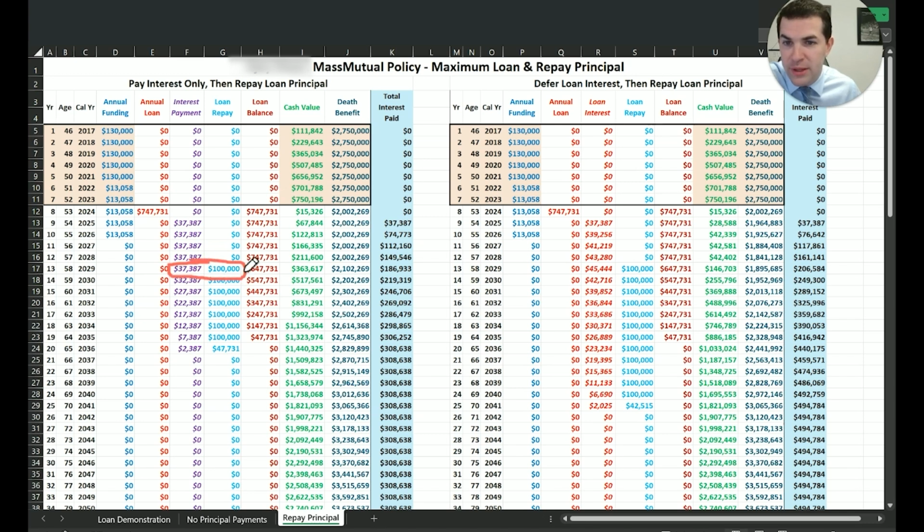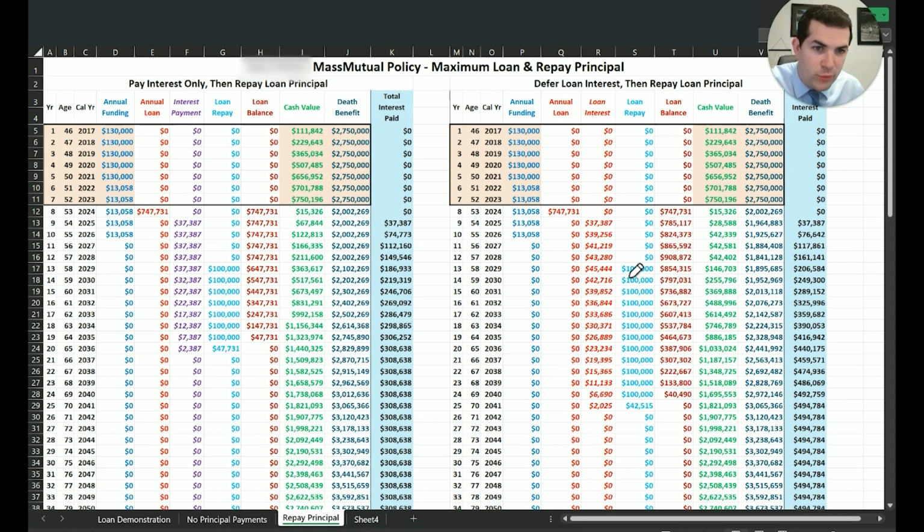So your out of pocket would be 137 and change, whereas over here, it's just 100. So you're not paying the loan interest each year when it comes billed. What you're doing is applying it toward the loan principal first, and then the rest is applied toward the loan interest. I'm going to update the loan principal balance there as well.